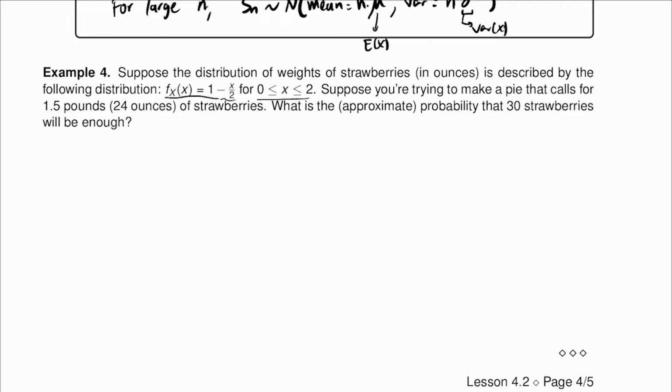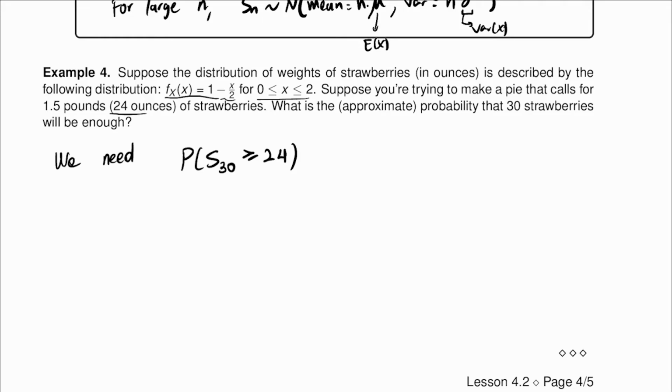We need to calculate the following. We know that x is the weight, so we need the probability that the sum of the weights of 30 strawberries is enough. So we have that S30, the sum of the weights of the 30 strawberries, is greater or equal than 24, right?